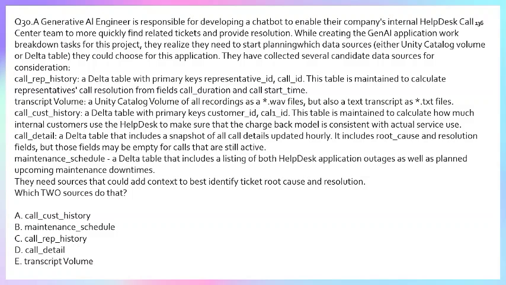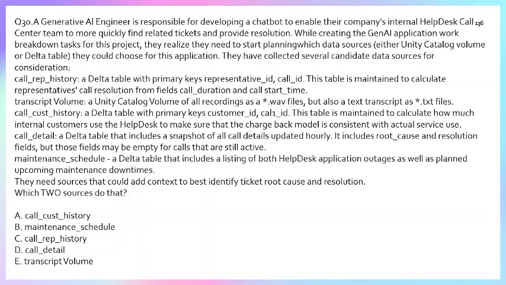It includes the root cause and resolution fields, but those fields may be empty for calls that are still live. Maintenance schedule, a data table, includes the listing of both help desk application outages as well as planned upcoming maintenance downtime. They need sources that add context to identified tickets: root cause and resolution. Which two sources do that?